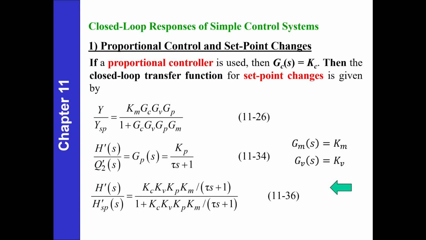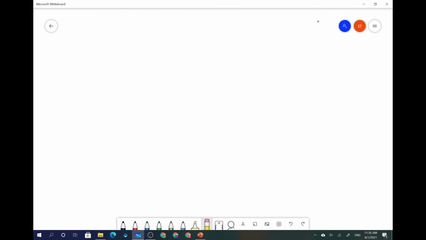Before that, let us go to my whiteboard. Before we proceed, I would like to write something to summarize for you so that you get the idea and don't get confused.